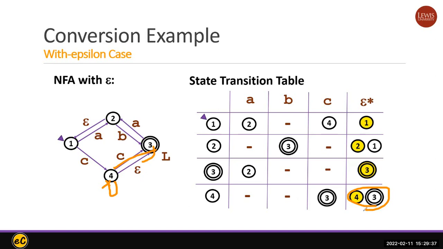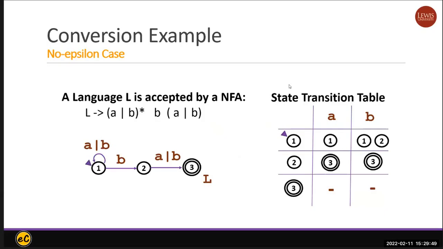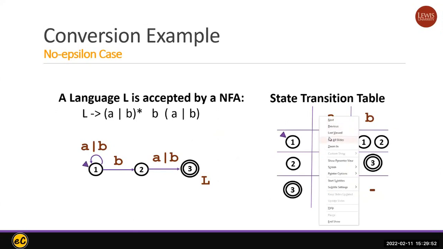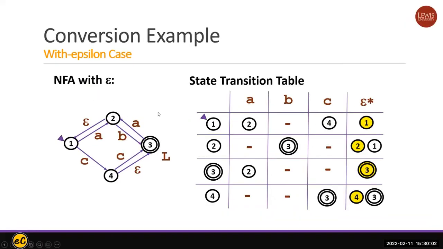So we can see that the transition table on the right side represents the NFA over here. Both with the epsilon case and without the epsilon case, you just draw down your state transition table for your non-deterministic finite state machine.